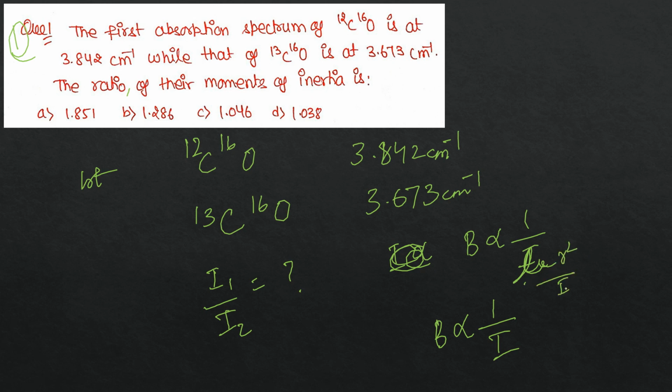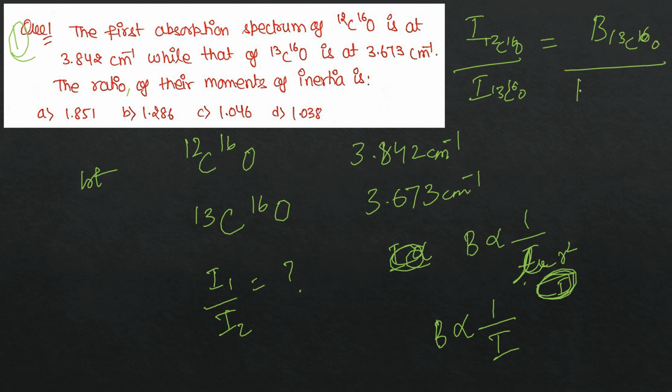So B is also inversely proportional to I. So I can write I of 12C16O divided by I of 13C16O is equal to B of 13C16O divided by B of 12C16O. So B of 13C16O is how much? 3.673 divided by B of 12C is how much?